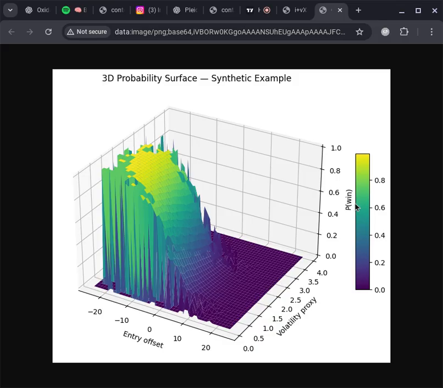Did you see this? That's insane. The surface represents the conditional probability of a profitable trade given offset and volatility.